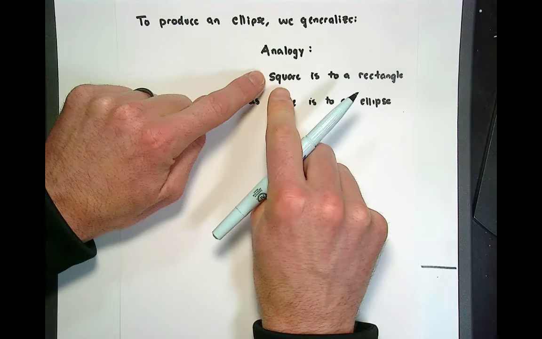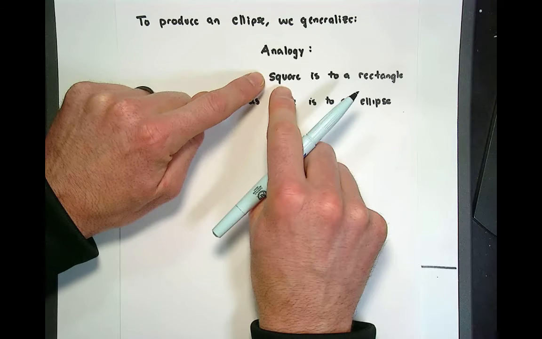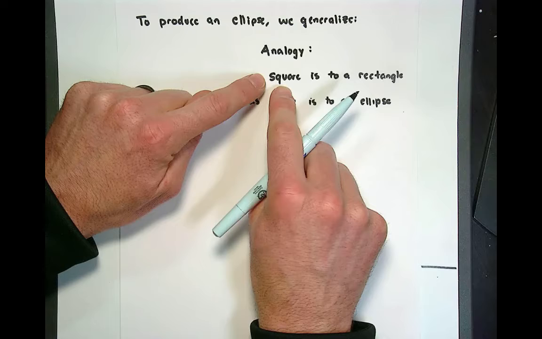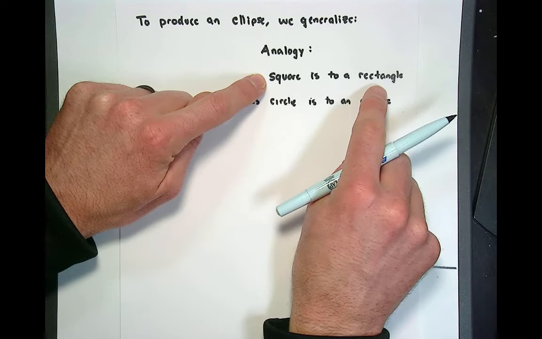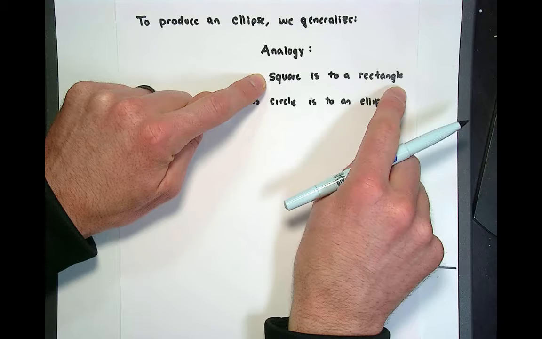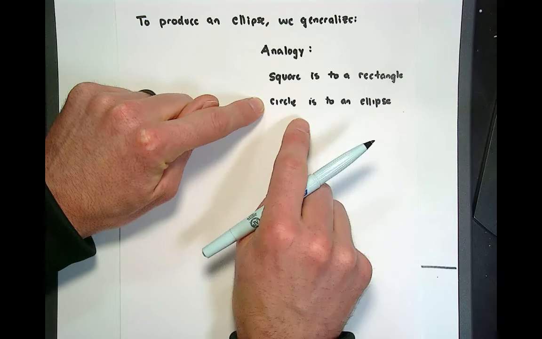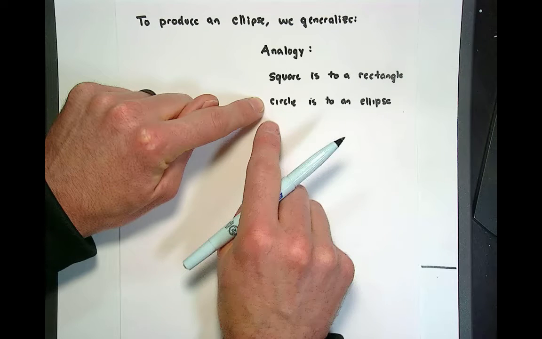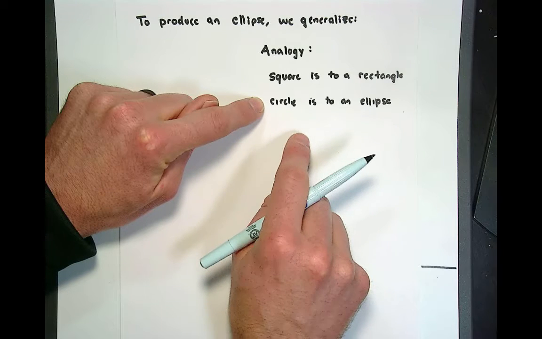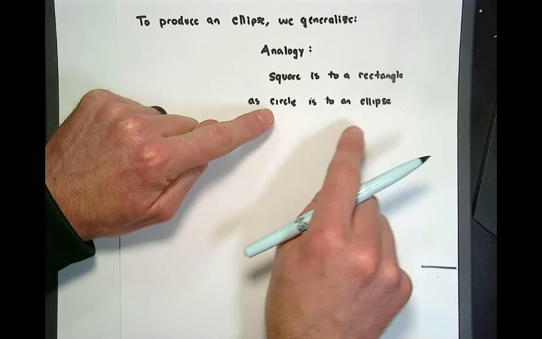Squares require that all distances along the sides are equal. This is what we call the one norm. The one norm of the length is equal to the one norm of the width. Rectangles allow different one norms. They're kind of a weighted one norm. Your length can be different than your width. Circles are measured in terms of two norms. The two norm of the distance between the center and any point on the circle is constant everywhere.